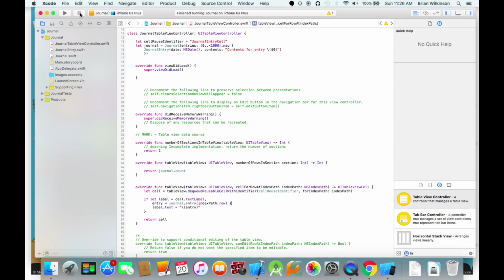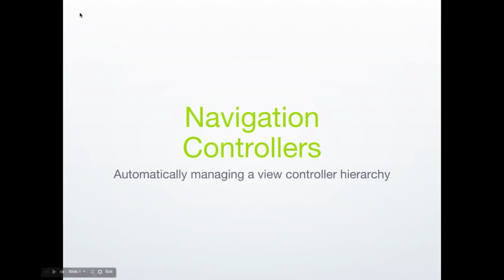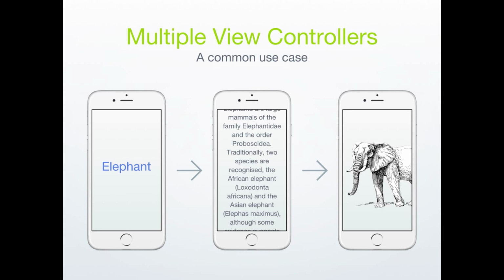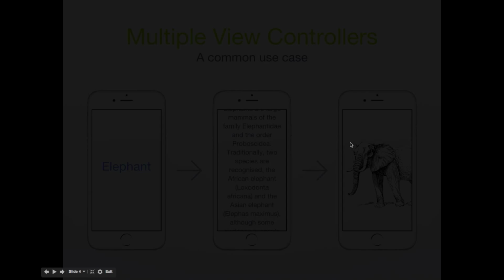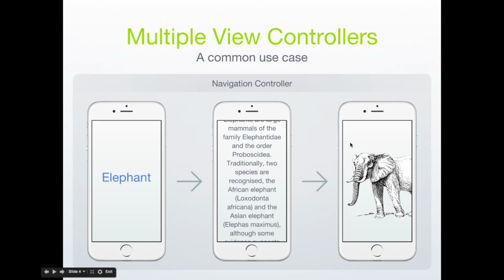Before we can start to do that, let's first take a look at what a navigation controller does. Again, it automatically manages your series of view controllers. As we said before, what people are used to is when you tap on something, you get more information about that, and there should be an easy way to go back and forward within these different view controllers.